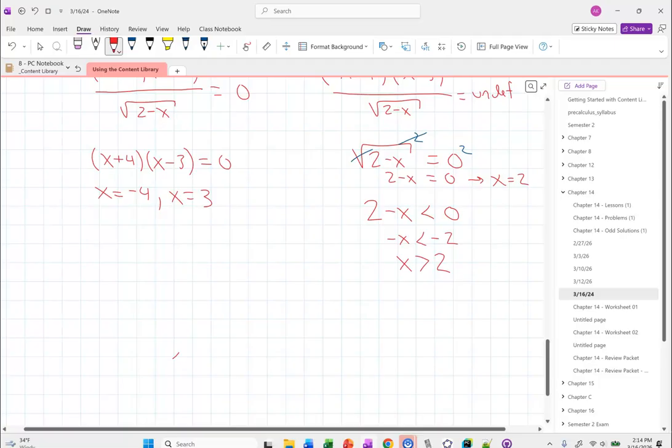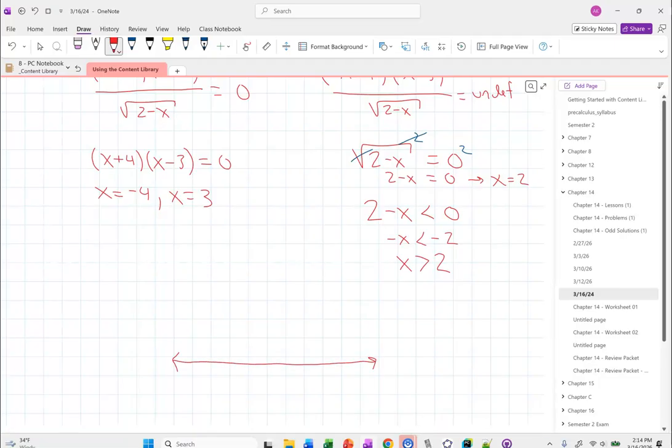Now I'm going to draw my sign diagram. I'm going to do this a little out of order on this one because I got this inequality as part of my undefined piece. This is saying that I'm undefined everywhere that's greater than 2.